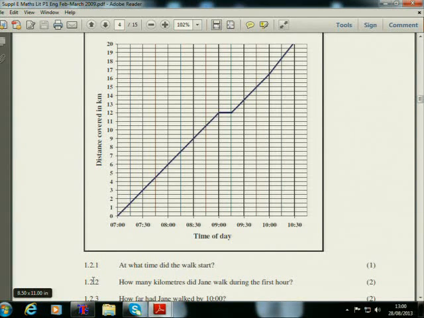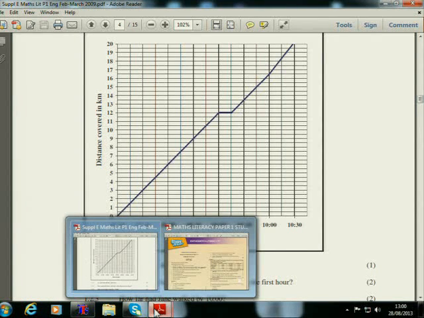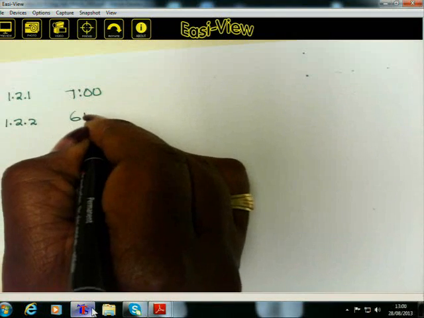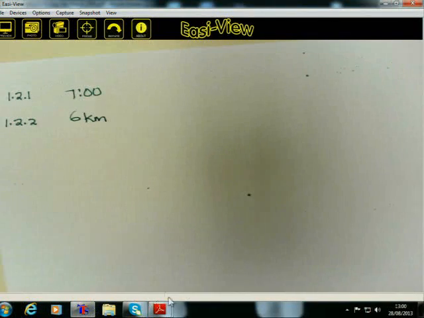From 8 o'clock going across to our left, you can see that Jane walked a distance of 6 kilometers. So our answer there is 6 kilometers.